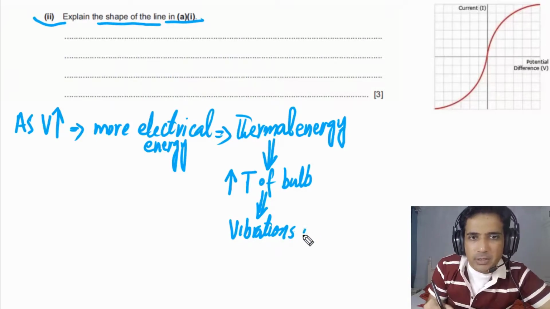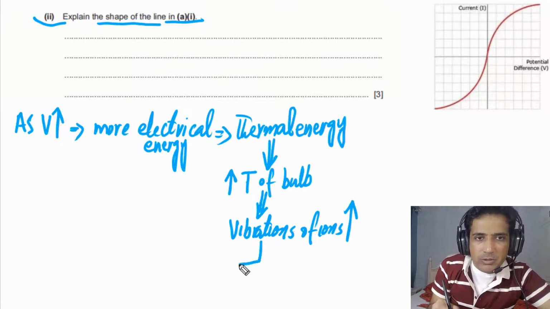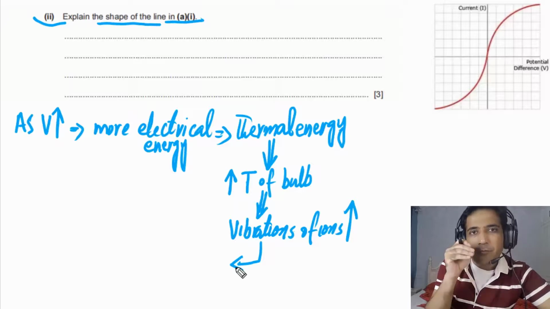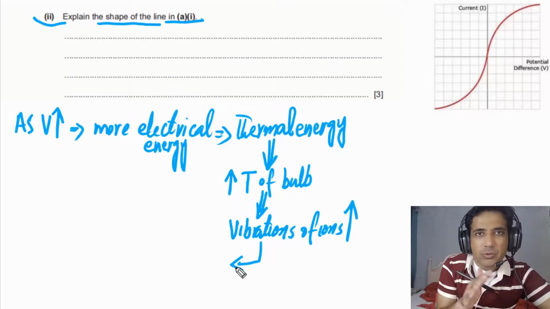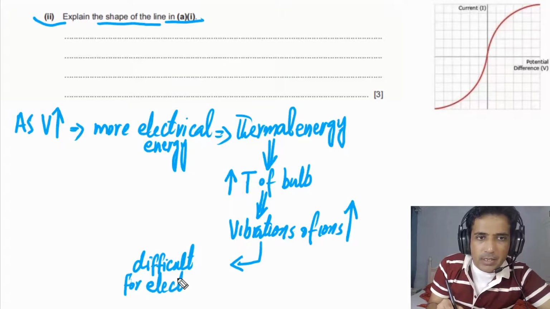As vibrations of ions increase, they make it very difficult for electrons to flow. So difficult for electron flow. Electrons cannot flow easily.